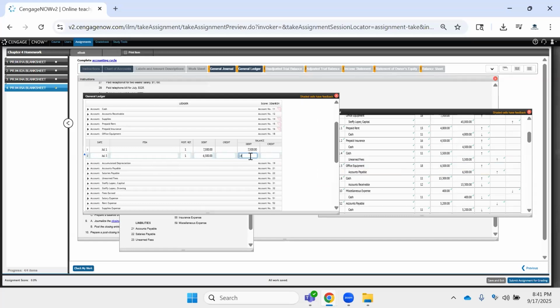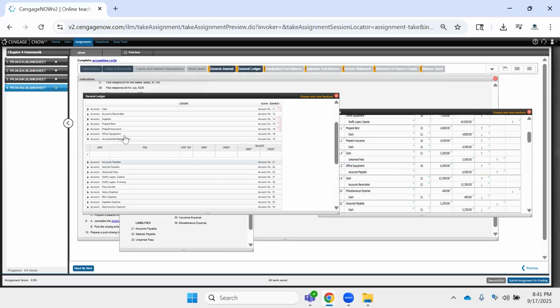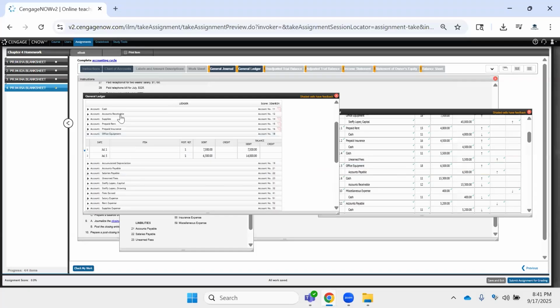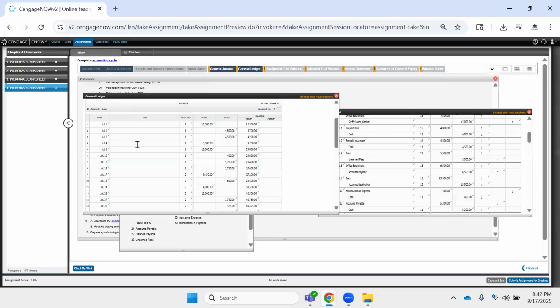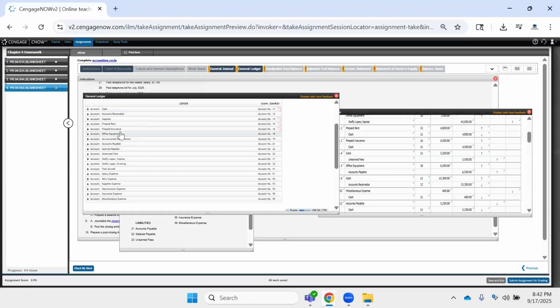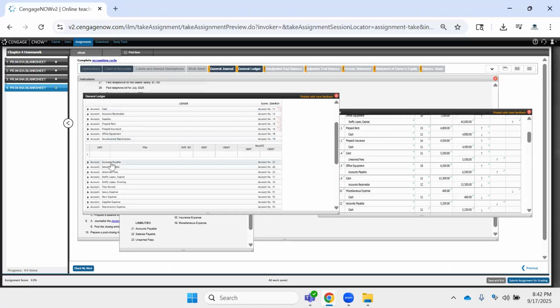And that brings our ending balance to 14,000. Accumulated depreciation will be a balance sheet account. Accumulated depreciation will be an adjusting entry.